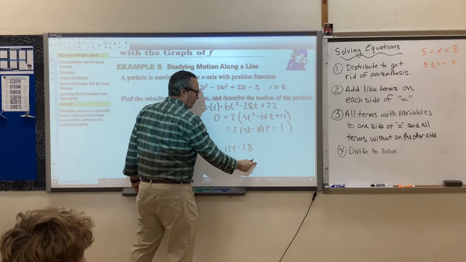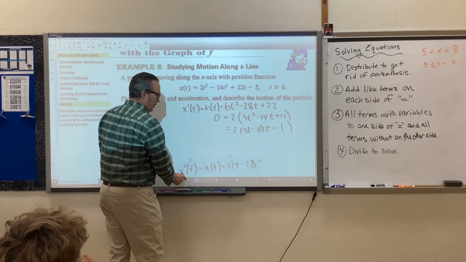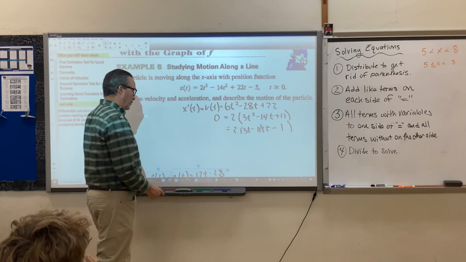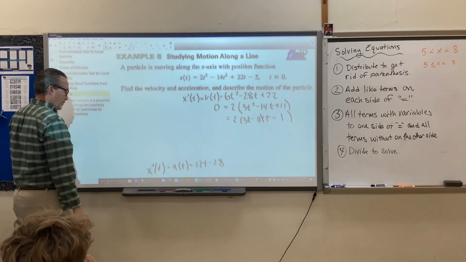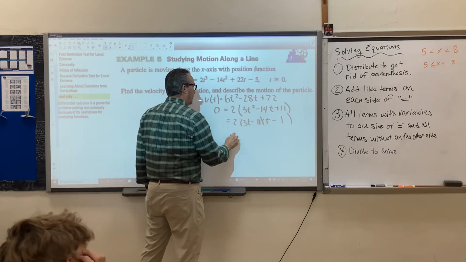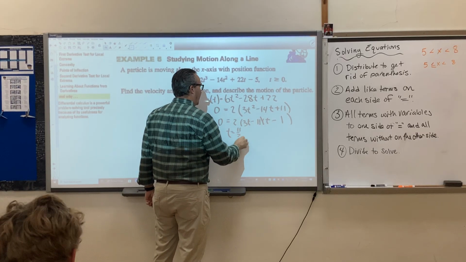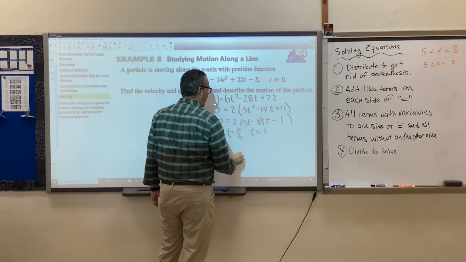That's correct. Okay. T equals 1, t is 11 thirds.